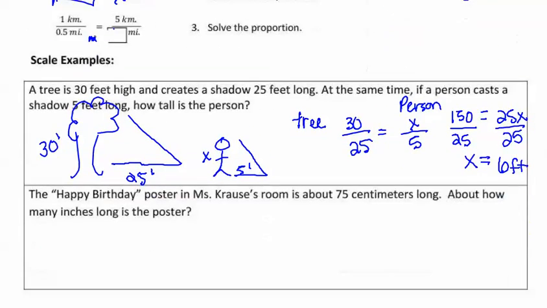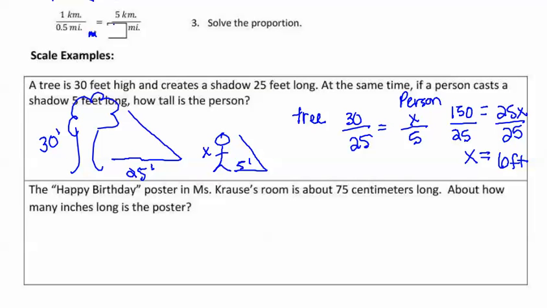So we're going to come down here and write that in a proportion or in a ratio. 1 inch is 2.54 centimeters. So then you want to find out how many inches is 75 centimeters.